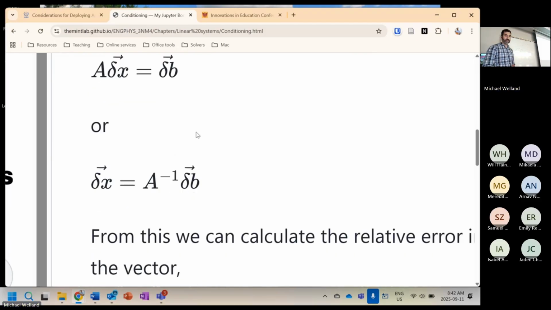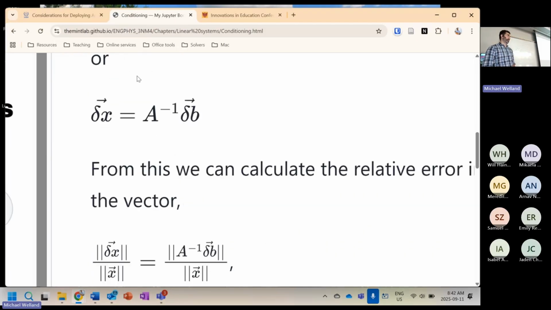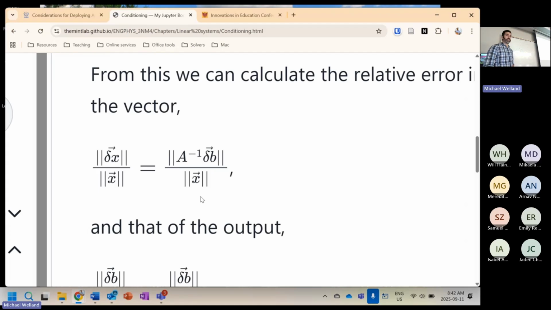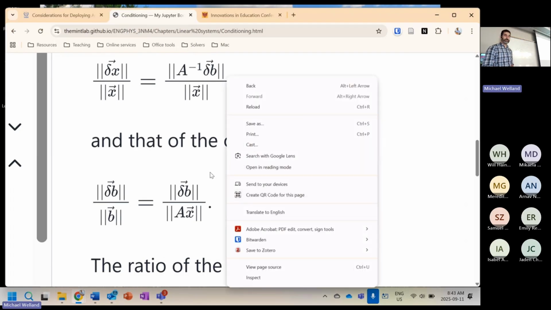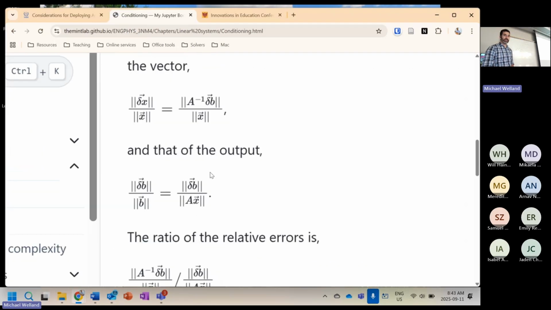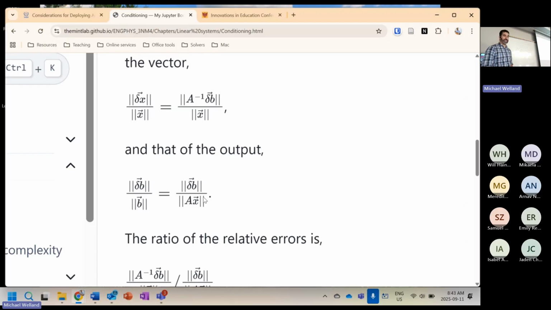But we have an expression for this. So we're going to use the expression of this and plug it in like this. A inverse delta b over x. Bear with me. Similarly, we're going to do the same thing for the output, right? Magnitude. And now we're going to use the original equation, Ax is equal to b, and plop that in here. So now we've got the relative errors in both your inputs and your outputs.